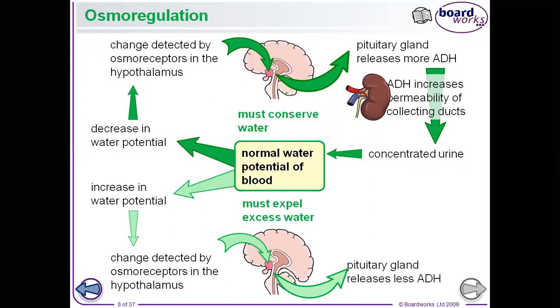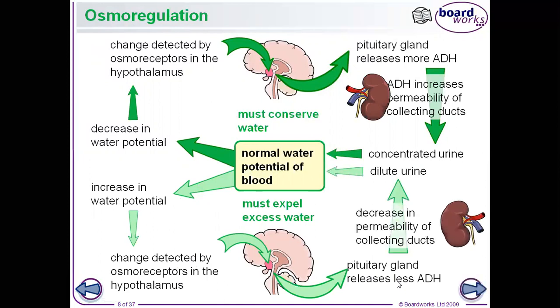Here I am discussing when the water potential increases in your body, that will be detected by the osmoreceptors of the hypothalamus, and this hypothalamus will stimulate the pituitary gland, and the pituitary gland will start to produce less ADH because the water level is enough, there is more water in our body.